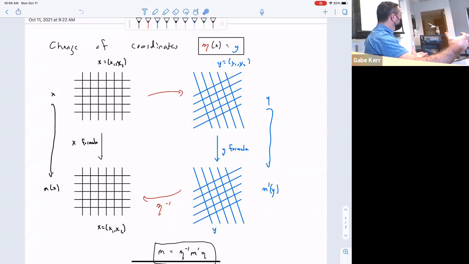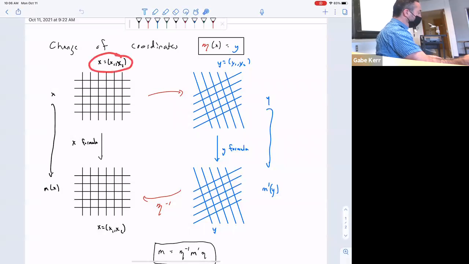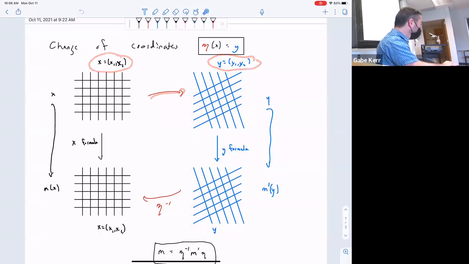It's given by an equation, a matrix plus maybe a translation. But there's a formula to say, if I'm given a point x1, x2, you can give me the expression for that point in your coordinate system. It is the same point though. That's what this map is doing. Translating languages, about the same thing.